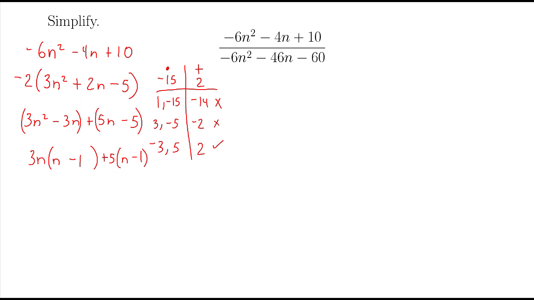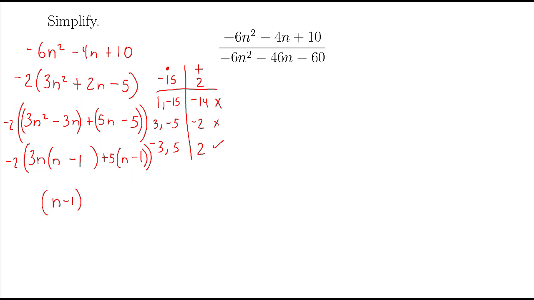Again, let's not forget, negative 2 has been hanging outside the whole time. Finally, I have n minus 1 as my common factor.